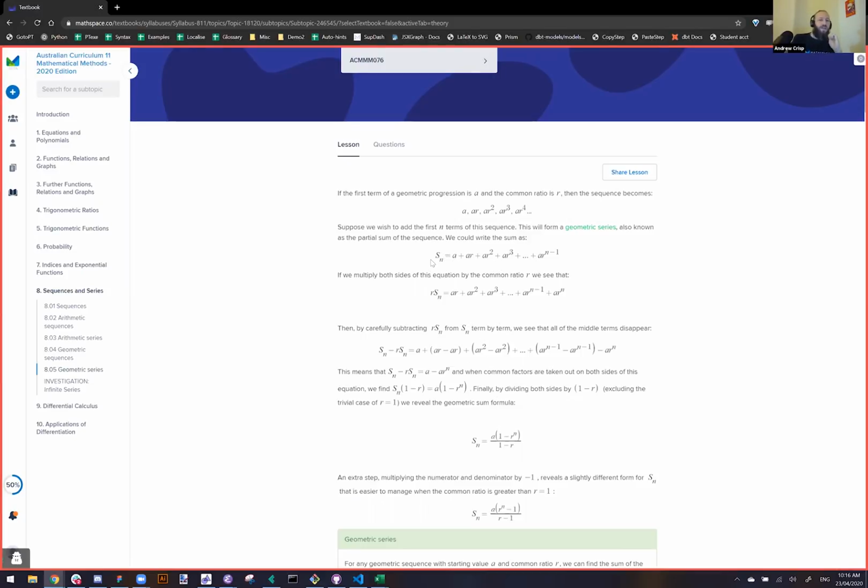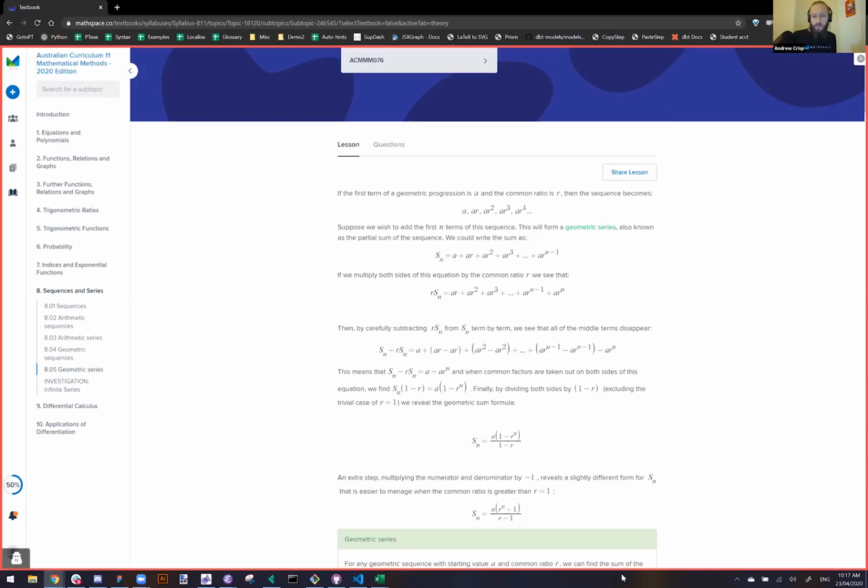What we do is we start by multiplying every single term by the ratio. The reason for this might not be so clear. So what I'm going to do is show you. I'm going to grab this annotation pen.